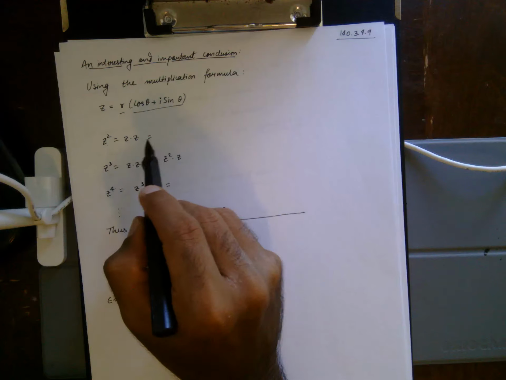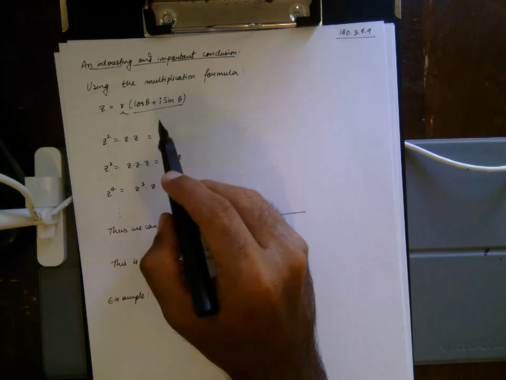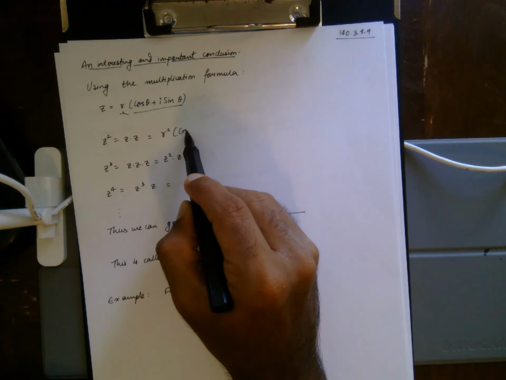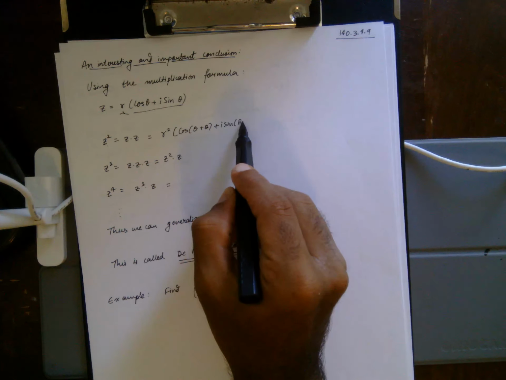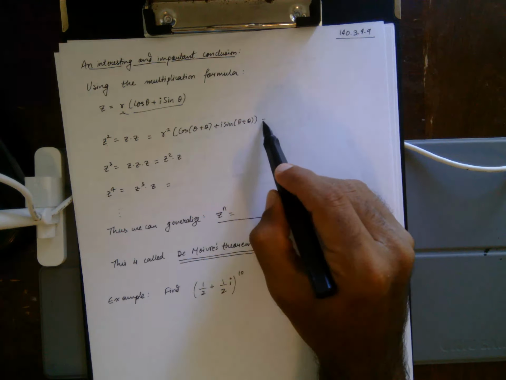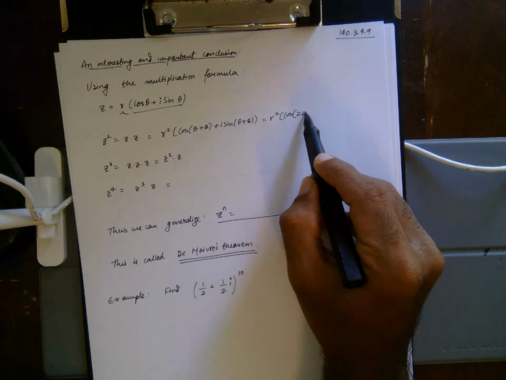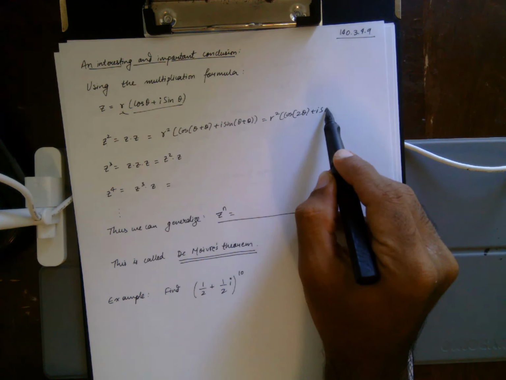It's z times z, so by our rule it should be r squared cosine (theta plus theta) plus i sine (theta plus theta), which is just r squared cosine 2 theta plus i sine 2 theta.